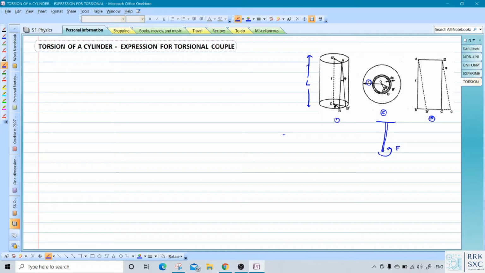Now, the upper edge or the upper end of the cylinder, that is say this portion, so this is the upper portion of the cylinder, and this portion is rigidly clamped, and a twisting couple is applied at its lower end. So here you are applying a couple, a twisting couple in this direction.